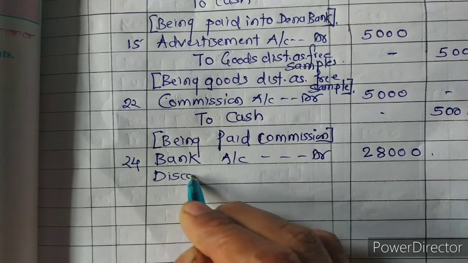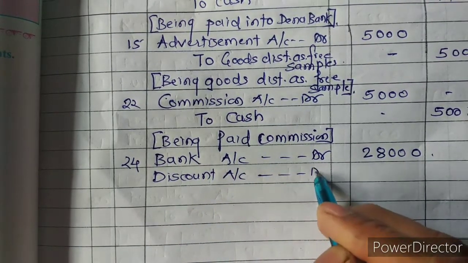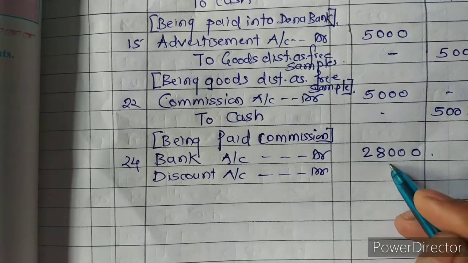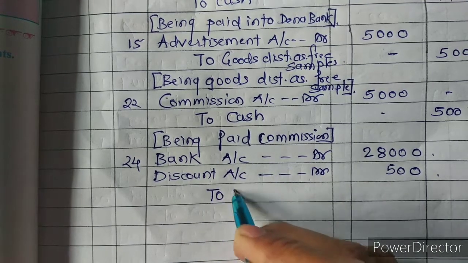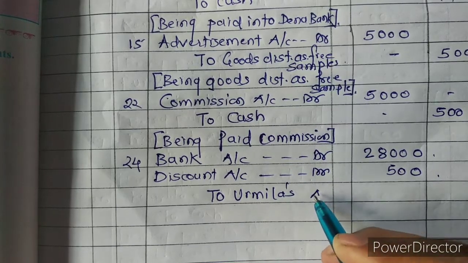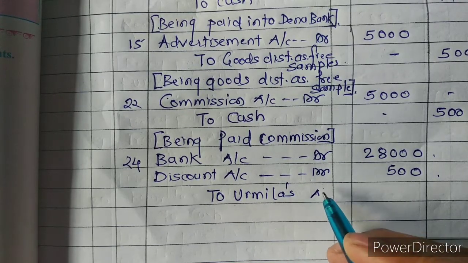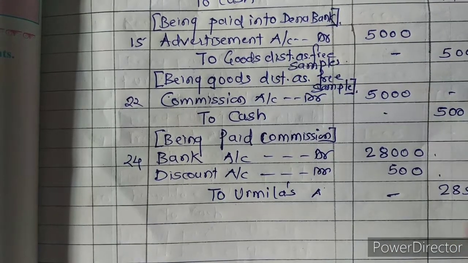Discount account debit. Here discount is an expense, so we have given debit to discount account. So discount account debit to Urmila's account, and amount is 28,500.